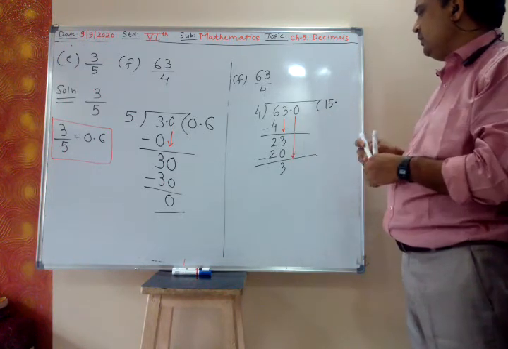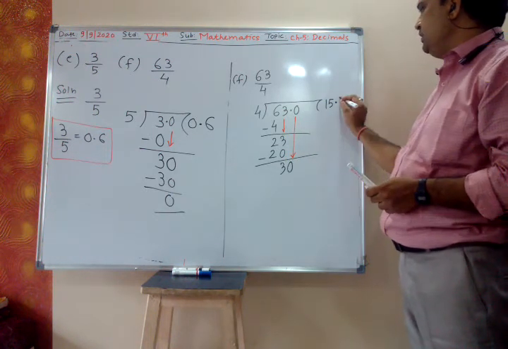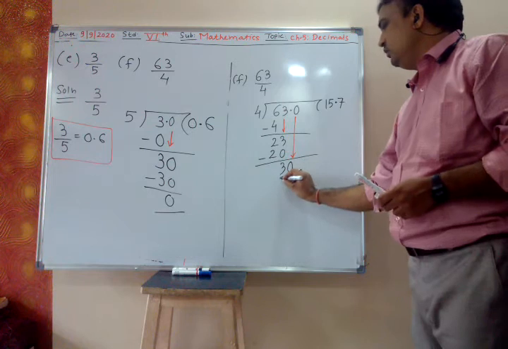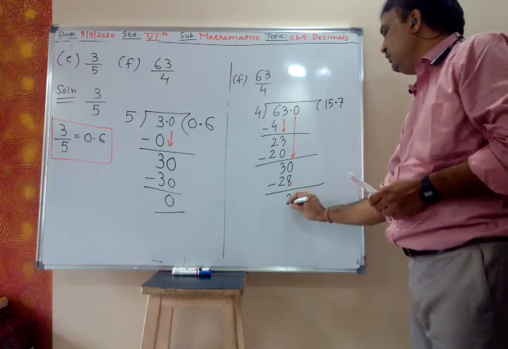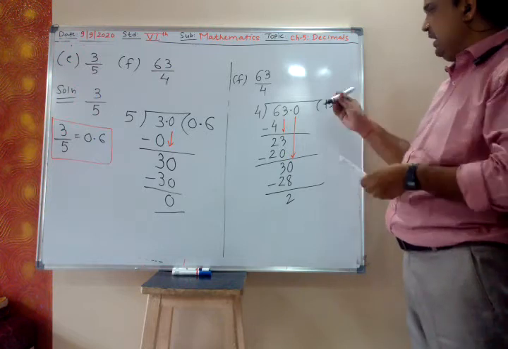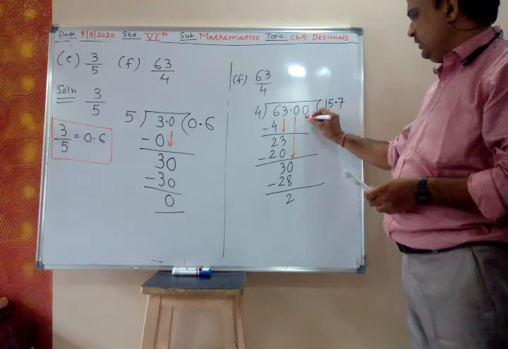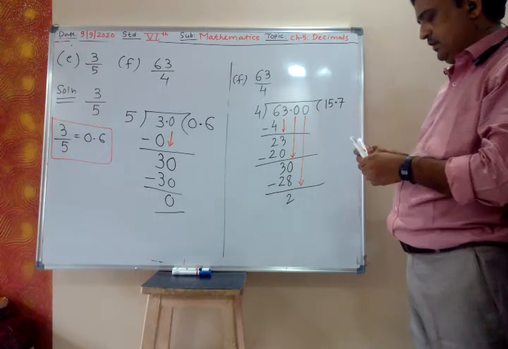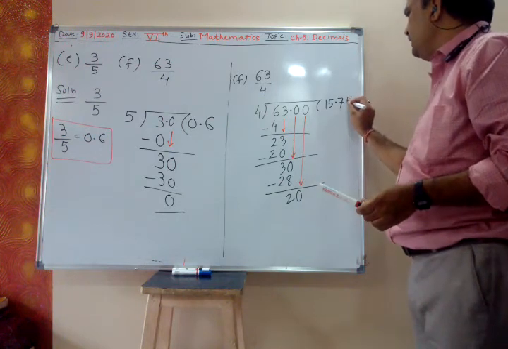It becomes 30. 4 7s are 28. 30 minus 28 is 2. Then one more 0 I will add. And this 0 I will carry it forward. Then 4 5s are 20.